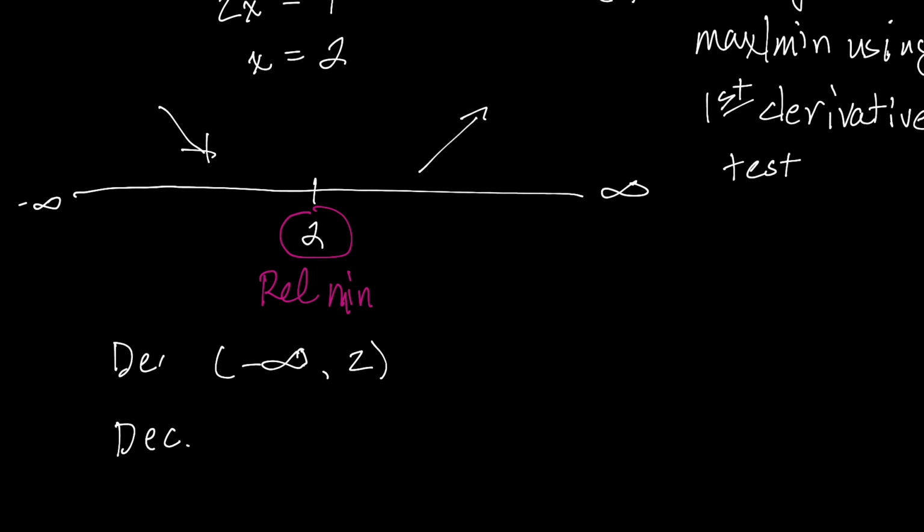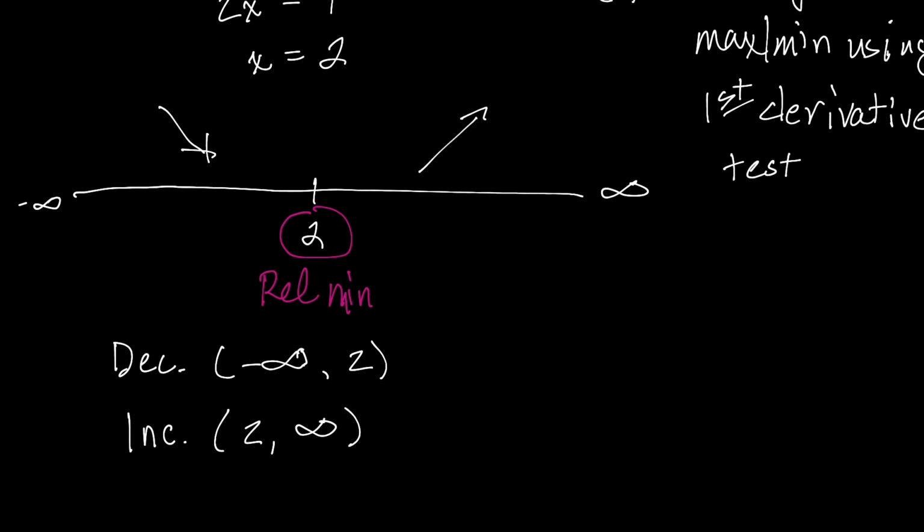I'm decreasing from negative infinity to 2. That's why I drew the down arrow. And I'm increasing from 2 to positive infinity. That's why I drew the up arrow here.